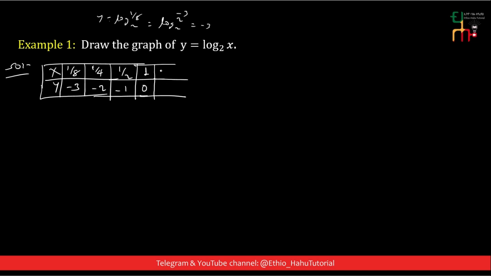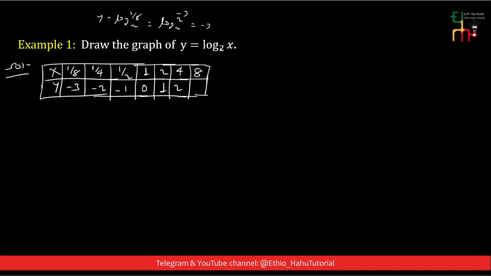When x is equal to 2, y is equal to logarithm of 2 to the base 2, which is 1. When x is equal to 4, y is 2. Logarithm of 4 to the base 2 means logarithm of 2 to the power of 2 to the base 2, that is 2. And when x is equal to 8, logarithm of 8 to the base 2, 8 is 2 to the power of 3.